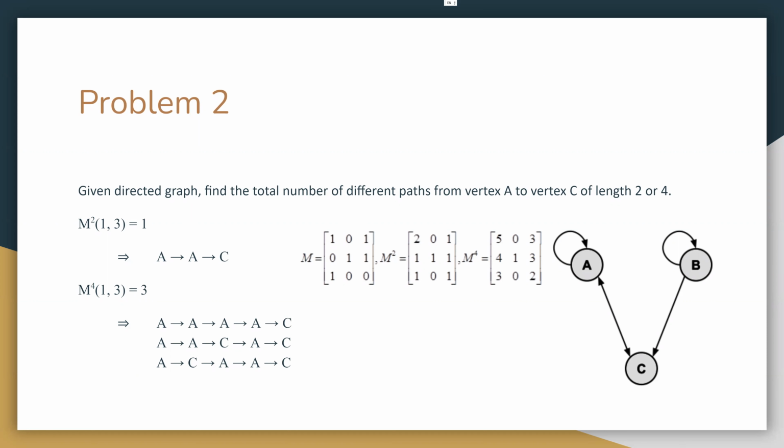Then M to the power of 4 means how many paths you can have from A to A. You can go from A to A to A to A, however many times you want, so that path is always there. And you can also go from A to C, and then C back to A.